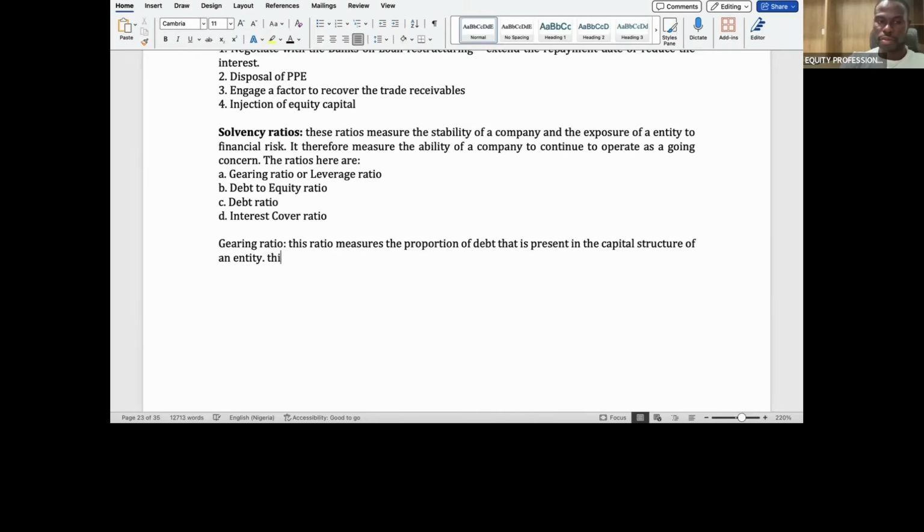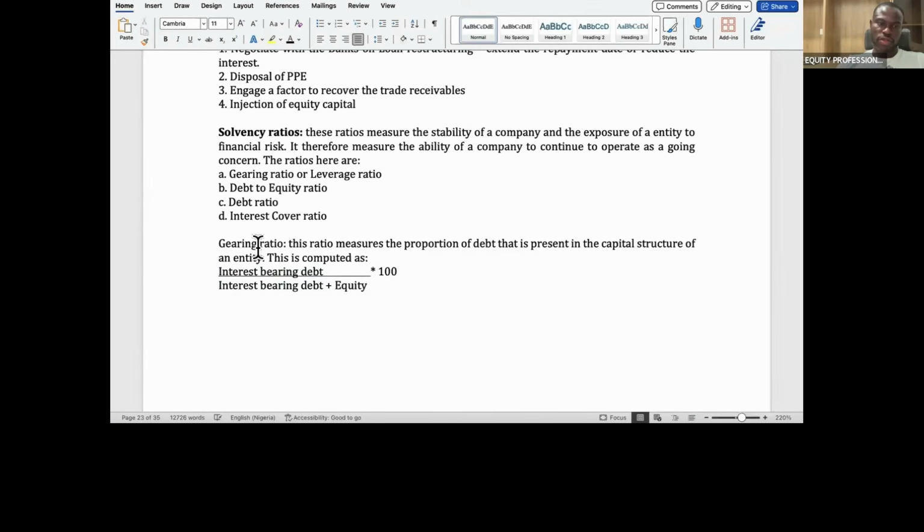And this is computed as long-term debt. Let me just call it interest-bearing debt, just so that you know that it is debt capital that bears interest that we're dealing with here. Interest-bearing debts over interest-bearing debts plus equity, times 100. That's your gearing ratio.